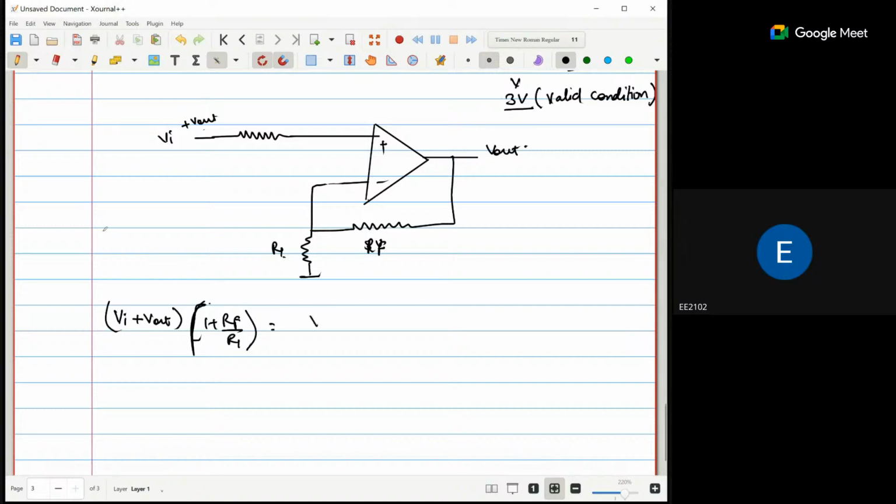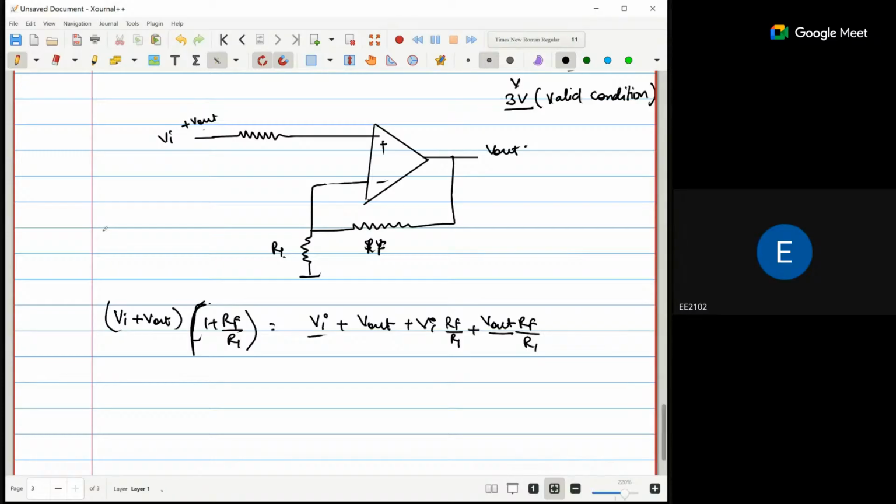Okay, so that is Vi plus Vout plus Vi RF by R1 plus Vout RF by R1. So four terms we are getting.